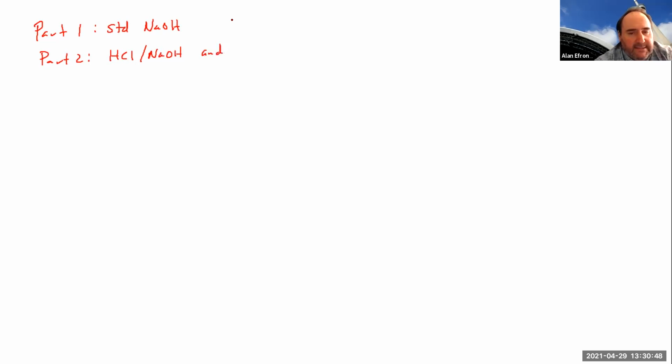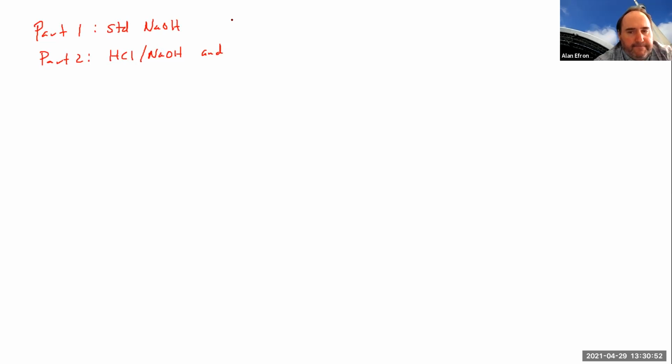So in a broad sense, what you're going to be doing is for all the parts, and there's actually 3 parts. There's part 1, which I believe is the standardization of sodium hydroxide. There's part 2 where you do 2 titration curves, one I believe with HCl and sodium hydroxide, and I believe it is acetic acid on the second one, if I'm not mistaken.